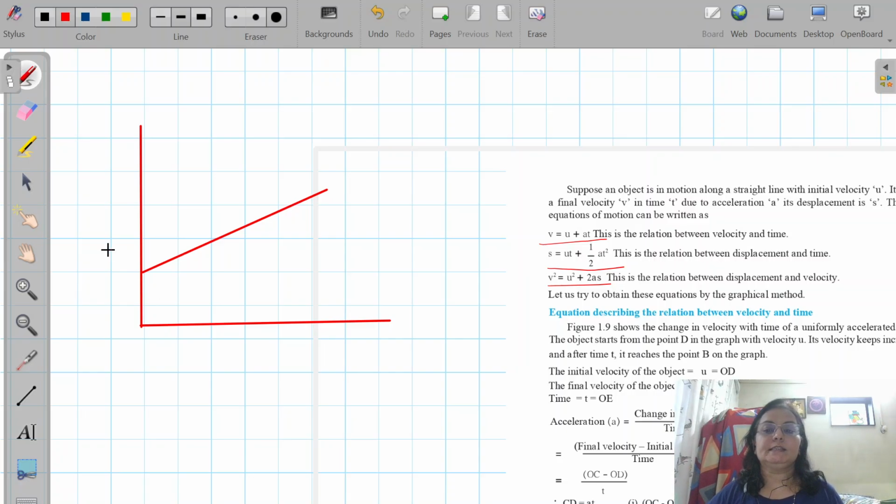Now suppose there is an object which is moving in a straight line with the initial velocity of u. This is velocity, and this is time.